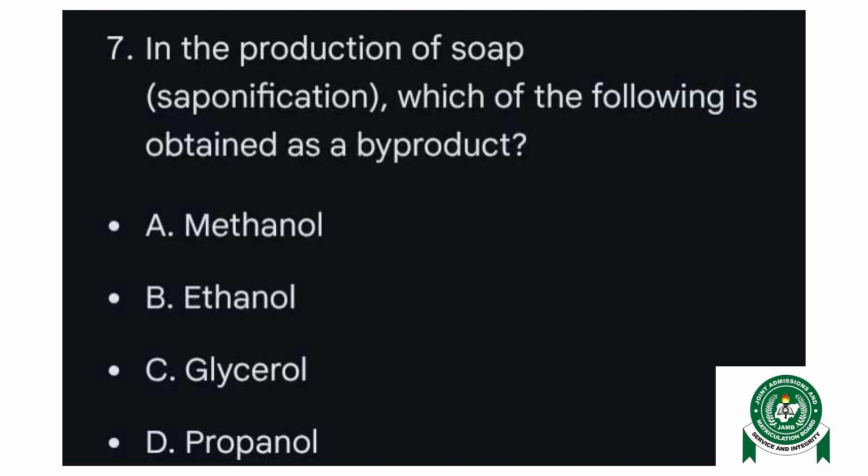Very simple. During this process, the fat molecules are broken down into soap, which is the salt of a fatty acid, and glycerol, also known as glycerin, as the primary byproduct. So the correct answer here is option C, glycerol. That is the byproduct obtained from the production of soap.